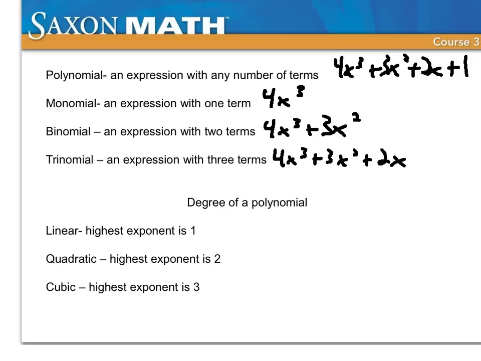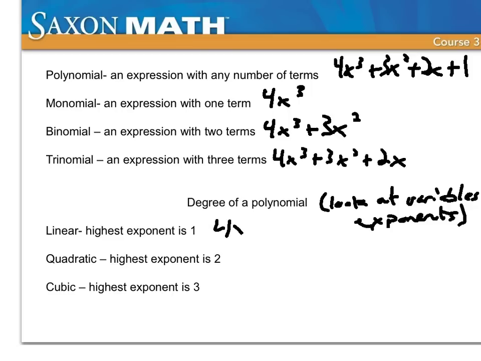Okay, the degree of a polynomial. To find the degree of a polynomial, we're going to look at the variable's exponents. So for example, let's say I had something that looks like this.